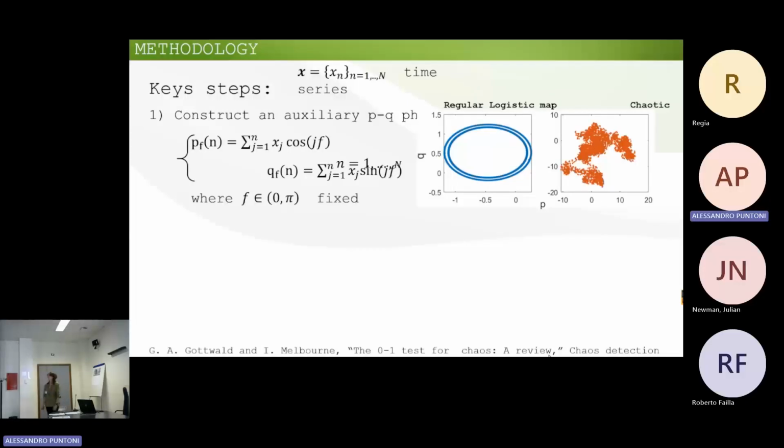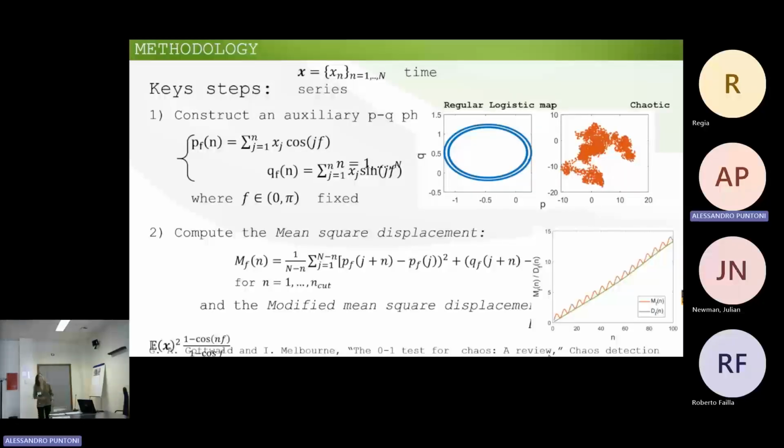Once we have this PQ phase space, we compute the mean square distance between points. Observe that this quantity, M of n, is the mean square distance in the PQ phase space between pairs of points that are separated by a lag of length small n.